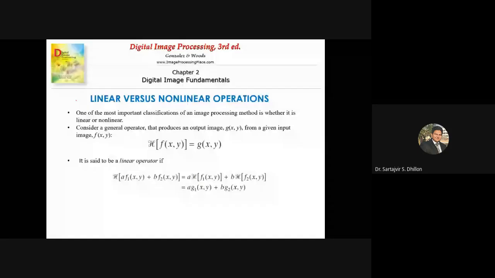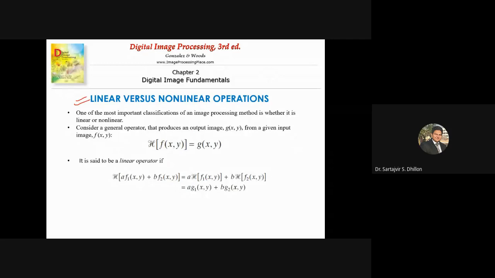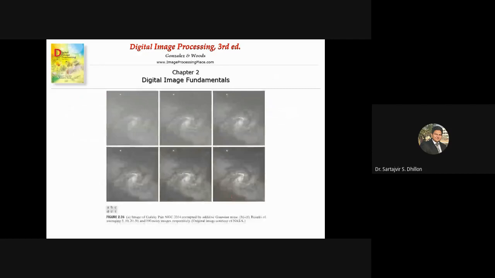We can check whether the output for a given image is linear or non-linear with the help of a linear operator. If the result of this equation is equal to this, then we say it is linear. Otherwise, it is a non-linear operation.